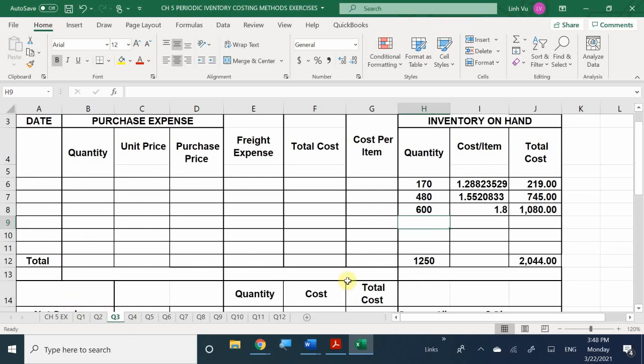Any questions on how I got these? No? Okay. All right. So I just basically carried the batches over into the new worksheet.